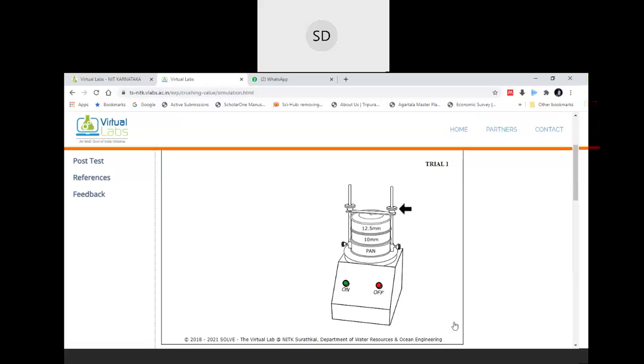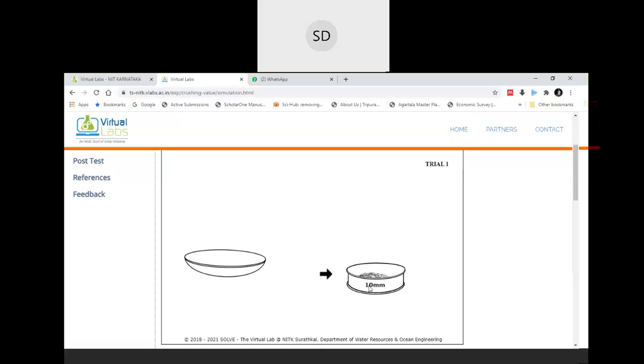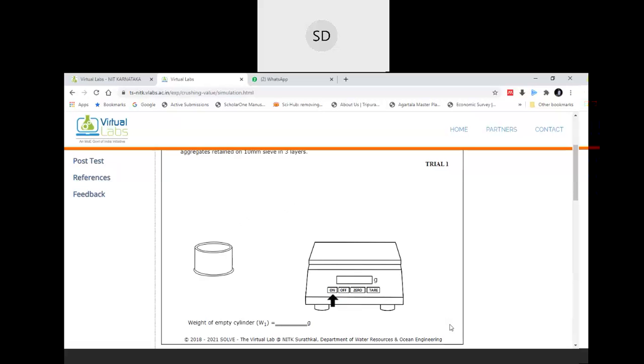After sieving, unclamp all the screws. This is the aggregate which we require for our crushing test. Put this in a container, then again take the weight.